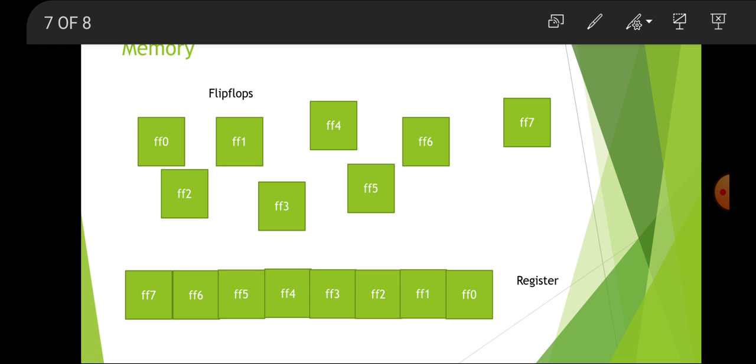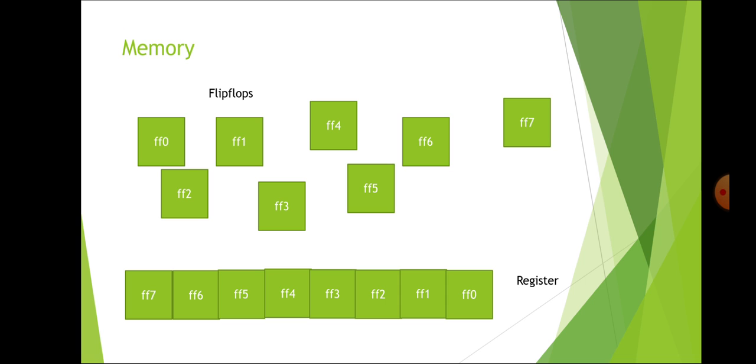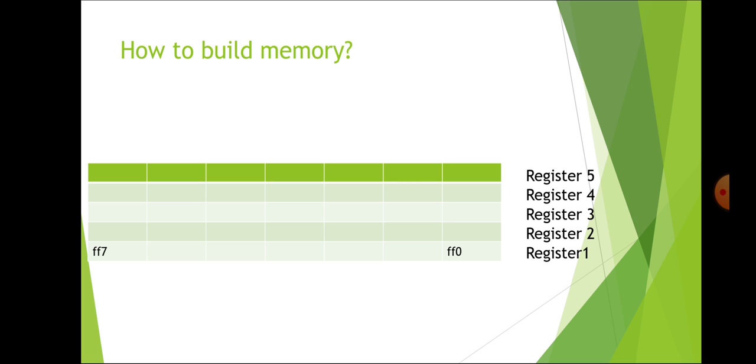Flip flop 0, flip flop 1, flip flop 2, 3, 4, 5, 6 and 7 are connected into one chain, and this forms a register of 8 bits, right? You can see there are 0 to 7, so it is nothing but an 8-bit register.